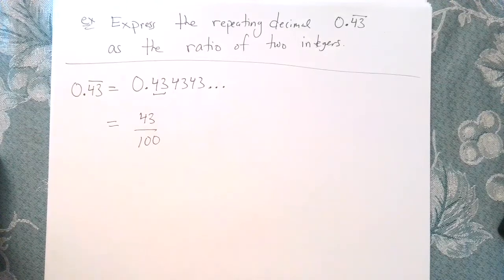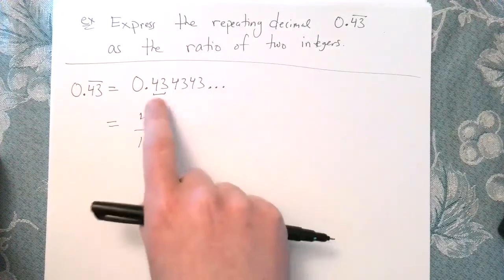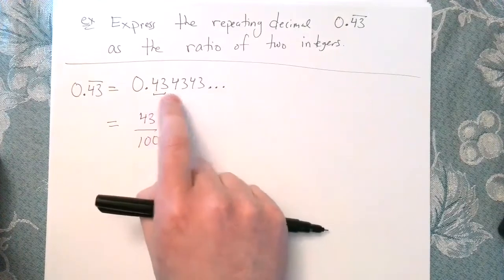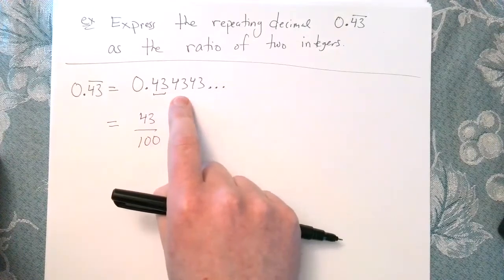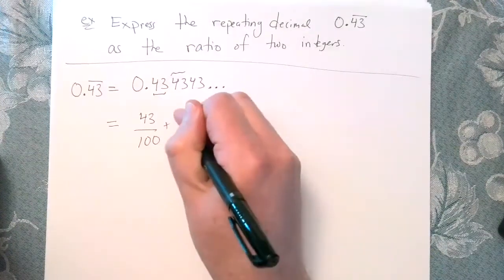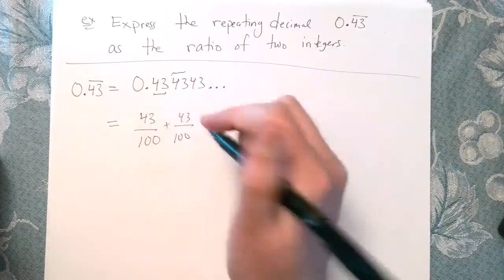So what I could do now is think about the repetition occurring in these different little chunks of 100. So here's the hundredths place. This would be the 100 to the second power place. So right here, this would be 43 over 100 to the first, second.